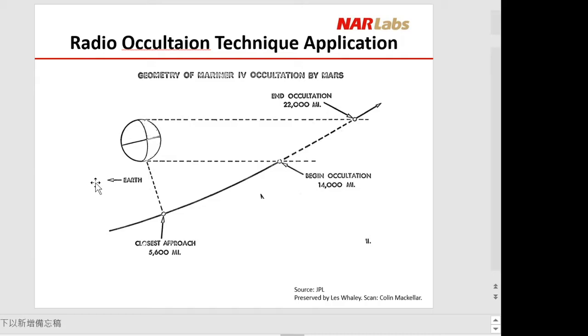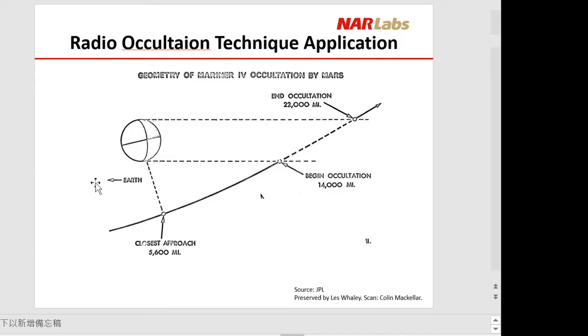But after it had been launched and before it reached Mars, smart scientists from JPL thought we could use the radio occultation technique to measure the atmosphere of Mars.